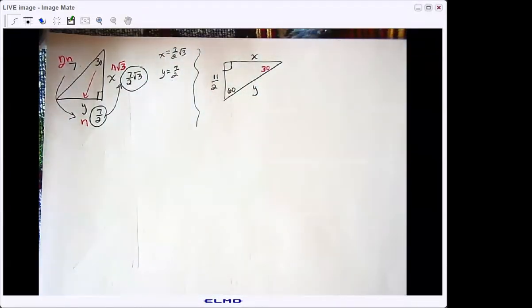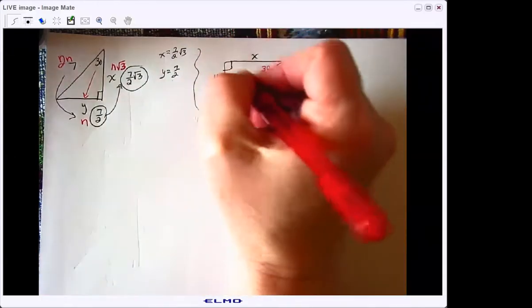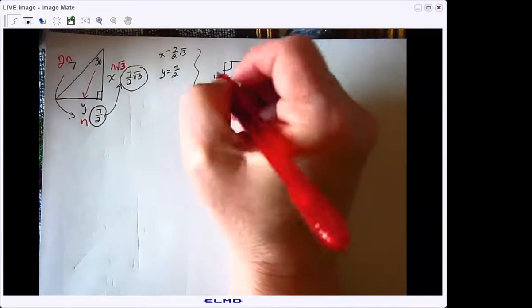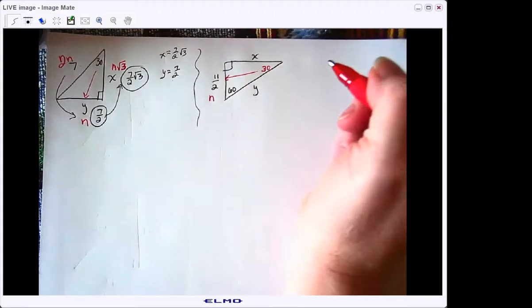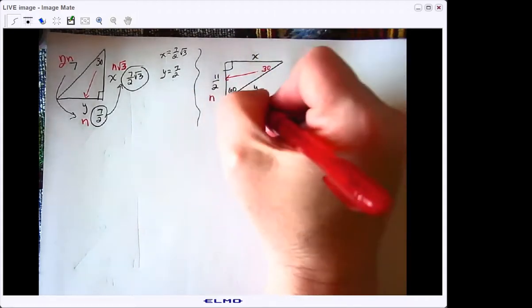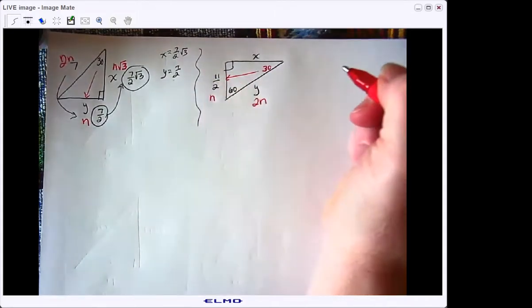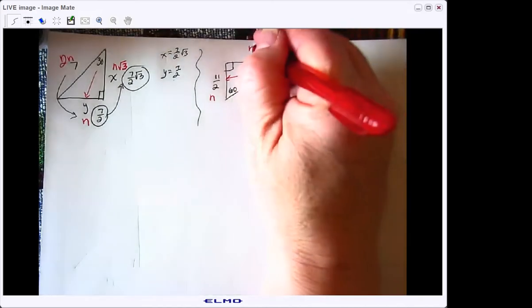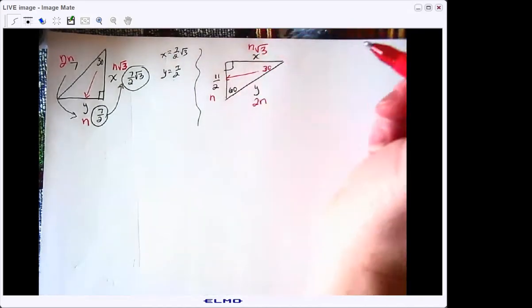Some of you will get this quick enough to go, oh, well, it's the one touching the 60 that is n, or across from the 30, but that's fine. Okay, so labeling, here we've got n, hypotenuse 2n, and the other leg n root 3.